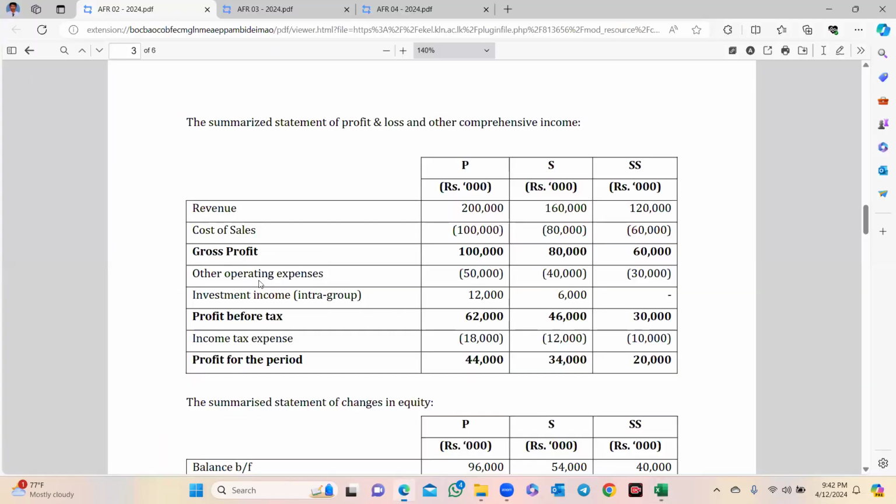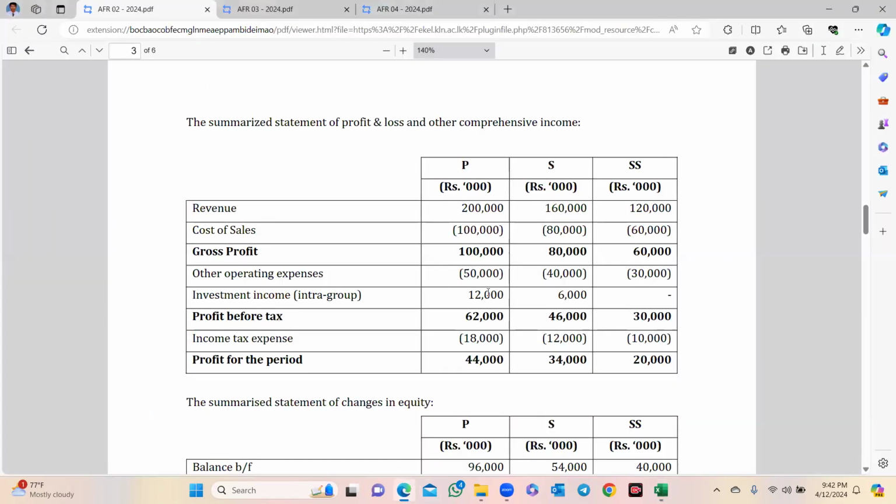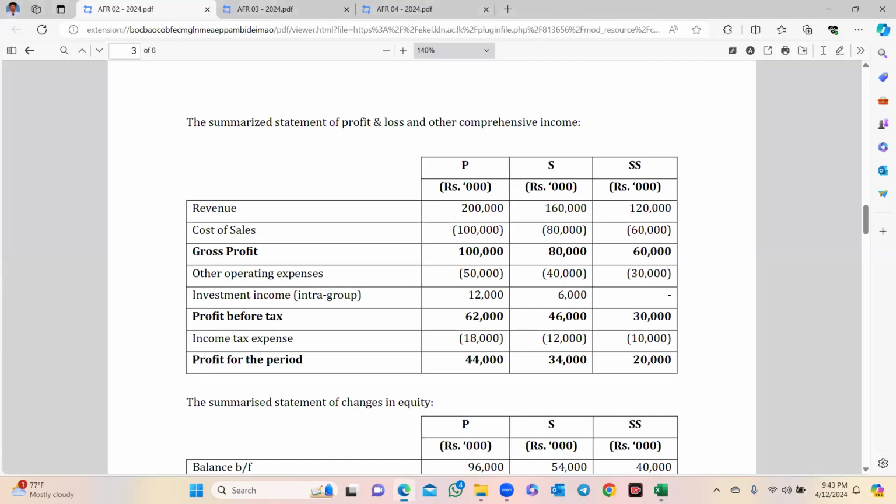We have other operating expenses: 50, 40, 90, 120,000. Am I correct? 120,000 other operating expenses. Then we have investment income.